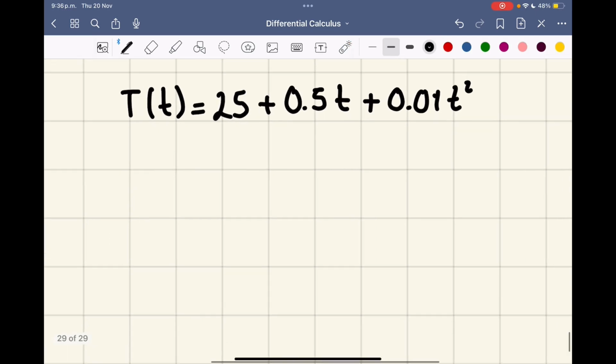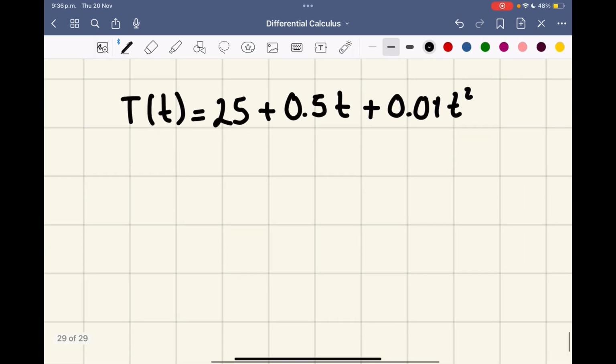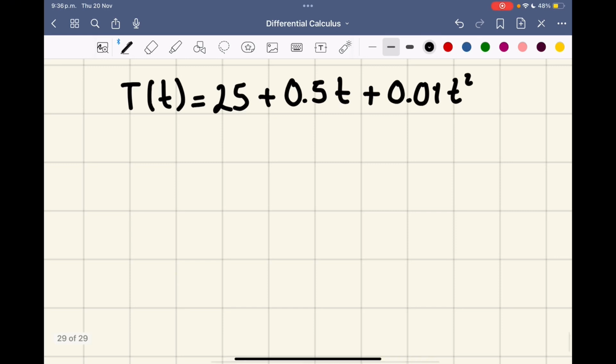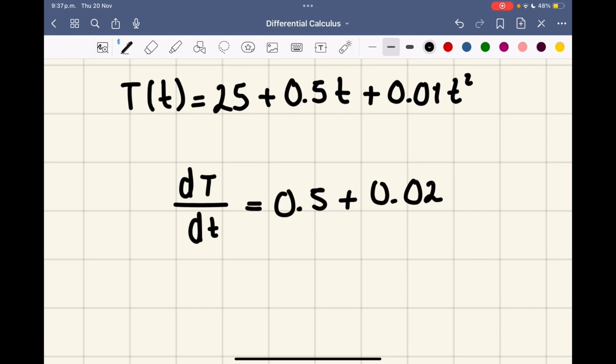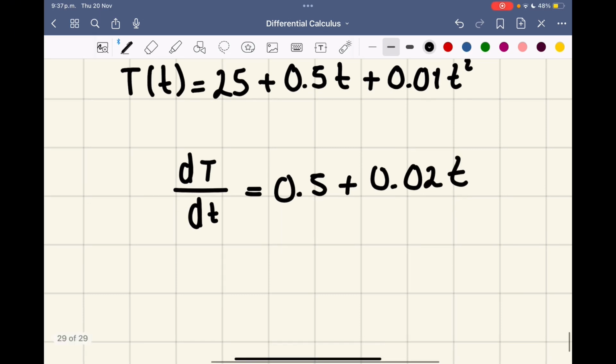So we're going to do just that. So it will be 0.5 plus 0.02 times time.